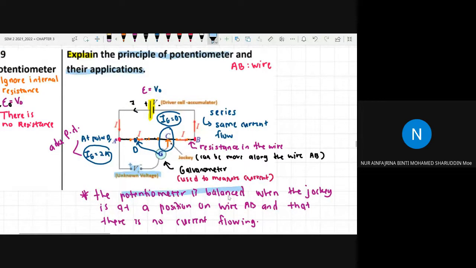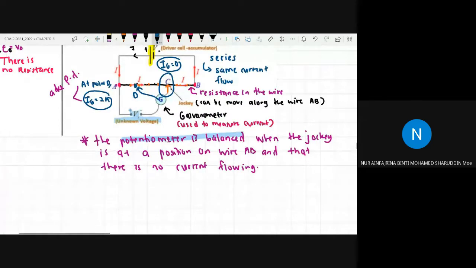Okay, kenapa potentiometer is balanced? Bila Miss movekan jockey tu dan dekat satu point, untuk case ini dalam diagram ni, dekat point C, reading of the galvanometer is 0. Reading of current by the galvanometer is 0. So maksudnya there is no current flowing. So awak punya current adalah 0.